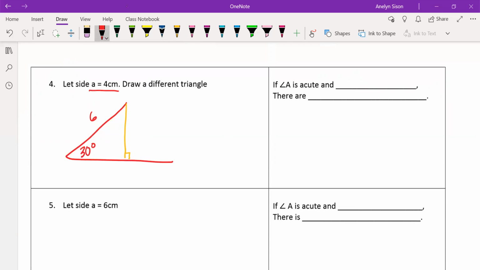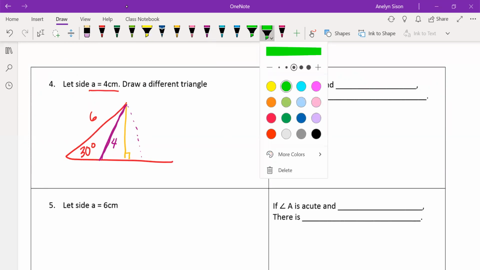So that means I can position my 4 here or inside. Here is my other triangle. So this is 4. Let me change this color. This is my other triangle.